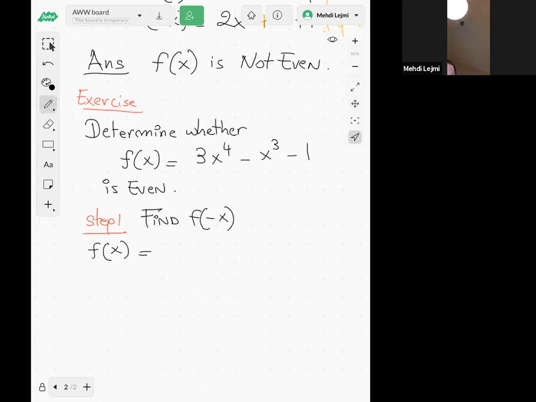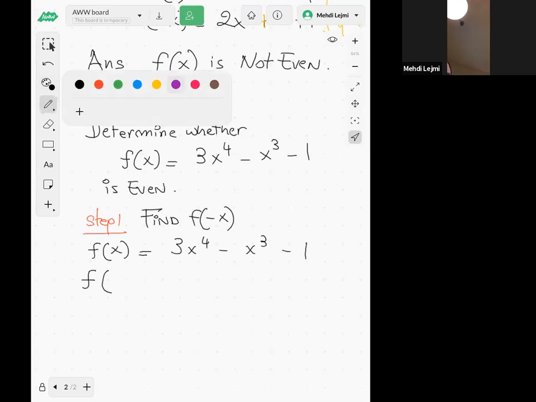So here my f of x is 3x to the fourth minus x cubed minus 1. Now you need to find f of minus x.